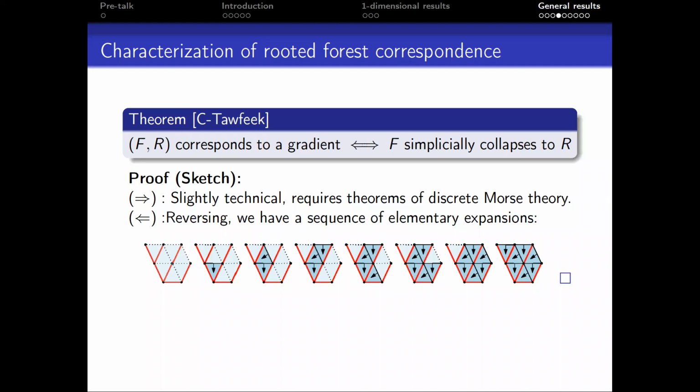If you start with a simplicial collapse, you could imagine that I have to do the reverse steps, and you just realize that there's never a problem. You can always just follow the arrows, and that will produce for you a set of non-critical cells and a set of critical cells. So it's kind of like reverse engineering.